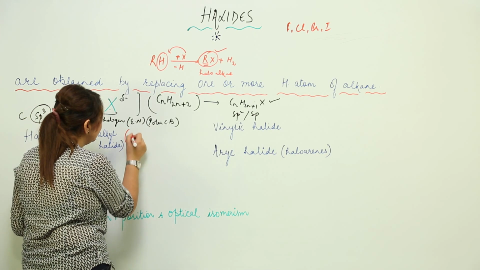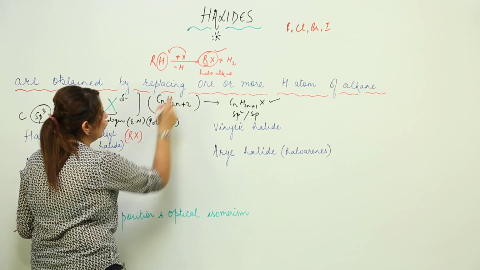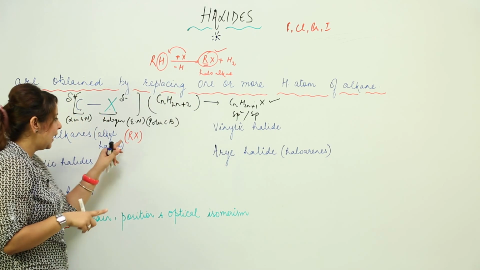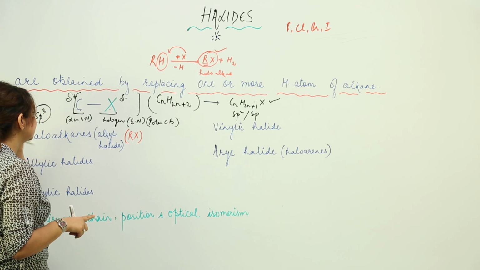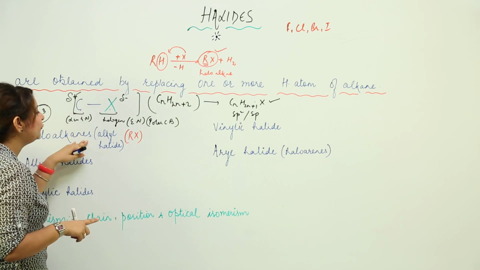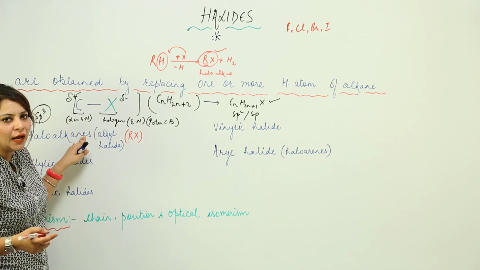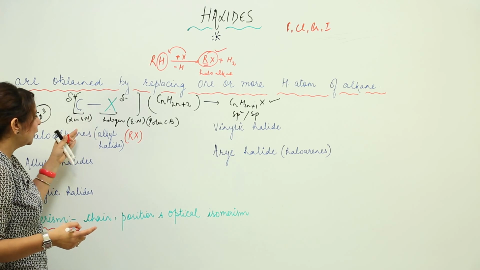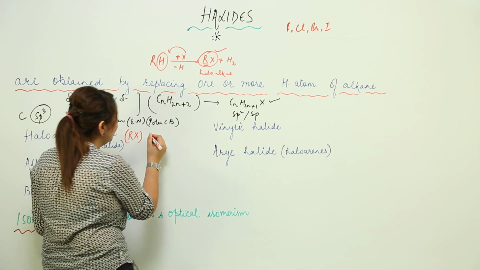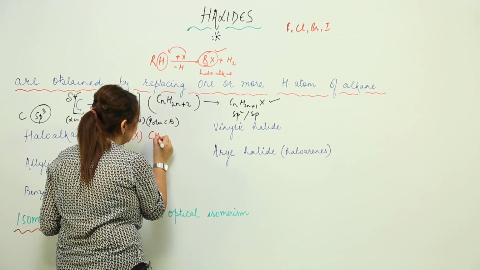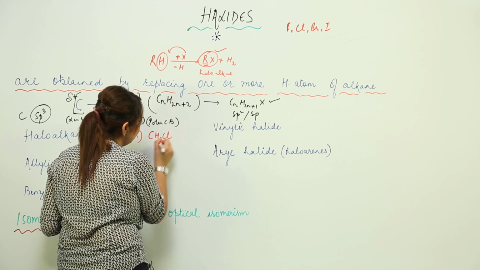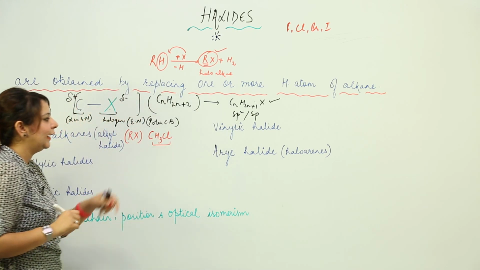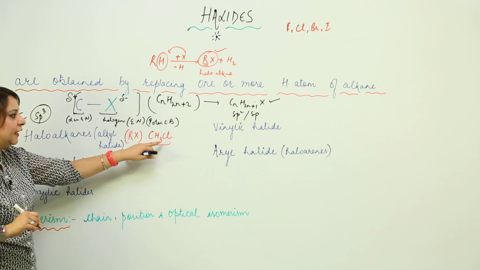Haloalkane is generally abbreviated as RX. It is formed by replacing one or more hydrogen atoms of the alkane with the halogen, so this is a haloalkane.